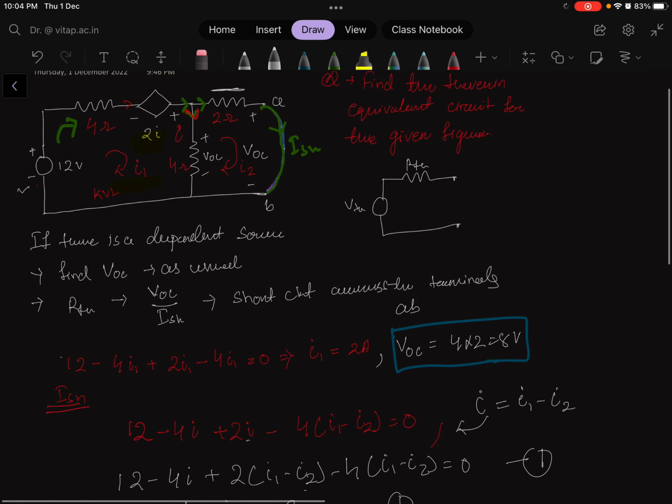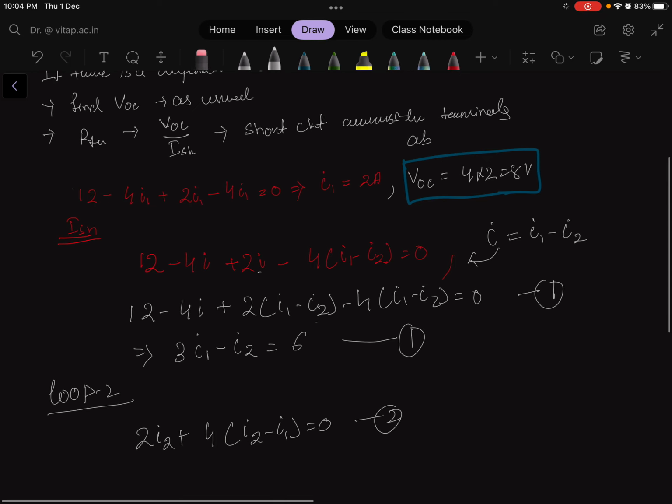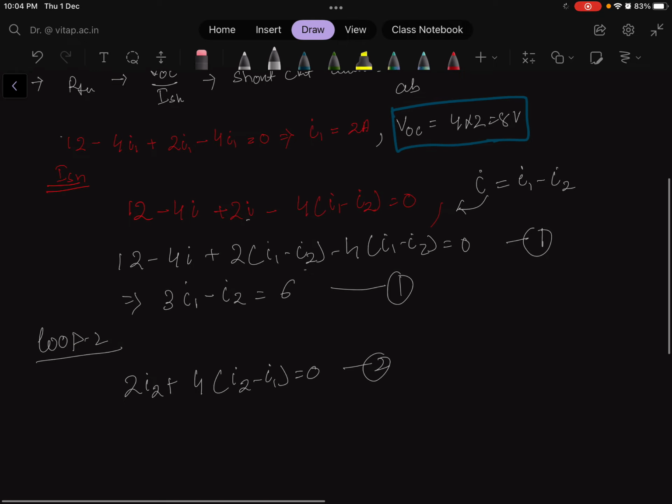this resistor is there in loop 2 and this resistor is there. So I can write here 2 I2 plus 4 whole into I2 minus I1 is equal to 0, and this is my loop 2. Now using a calculator, I can solve these two equations.